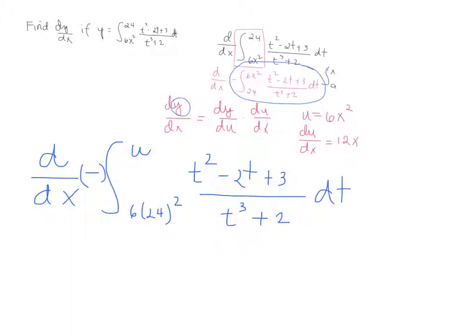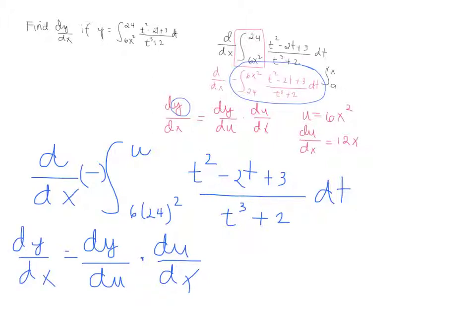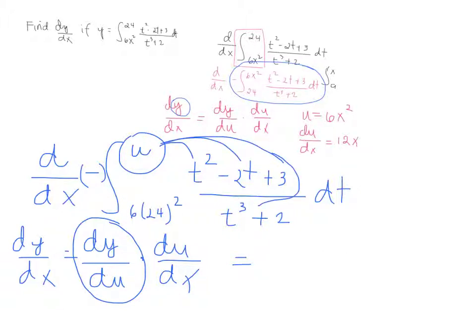Okay, so when we differentiate this, we have to differentiate it with respect to u, and then multiply it by the derivative of u with respect to x, and that is our dy over dx. Now the dy over du is just an application of the fundamental theorem: if you want to differentiate something with x or u, all you have to do is replace the variable t by u.